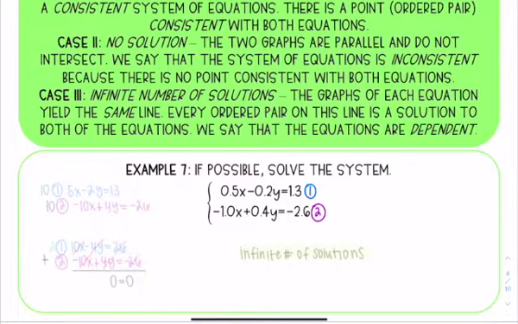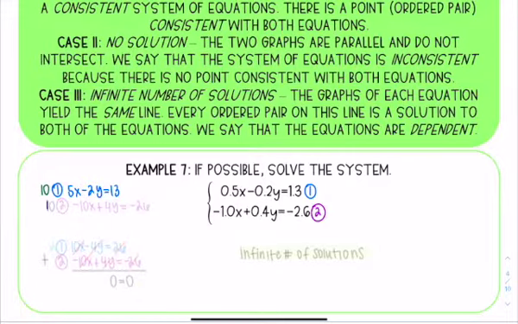Let's go ahead and multiply equation number 1 by 10. And so what ends up happening is the decimal of each term is going to move to the right by one place. So we end up with 5x minus 2y equals 13. And you can plug this into the calculator and you will get the exact same thing.